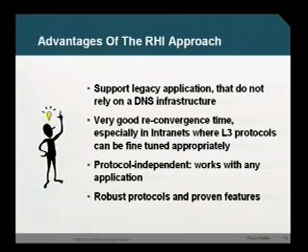So for that, RHI works. It has a very good reconvergence time. We don't have any issues with caching and whatnot. It's protocol independent. I mean, the protocol could be anything underneath IP. It could be HTTP, HTTPS, UDP, or a custom TCP-based protocol.